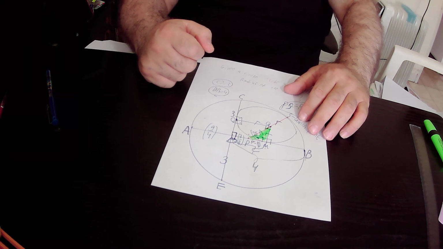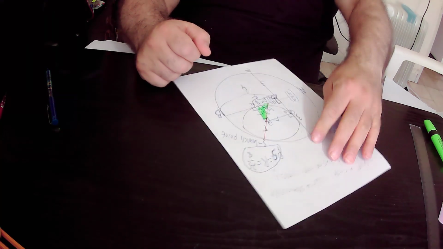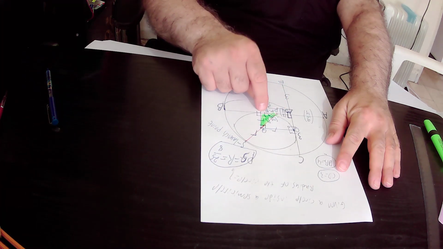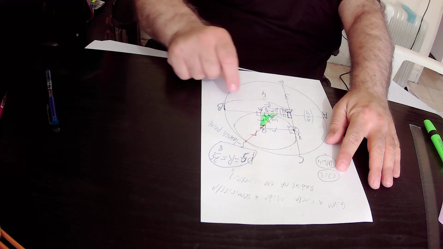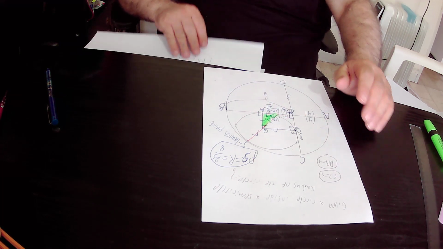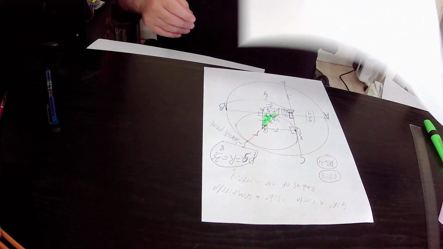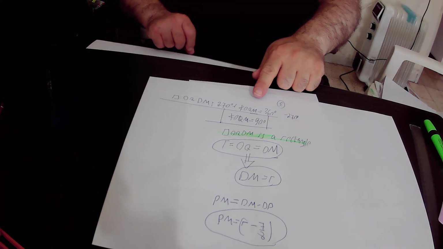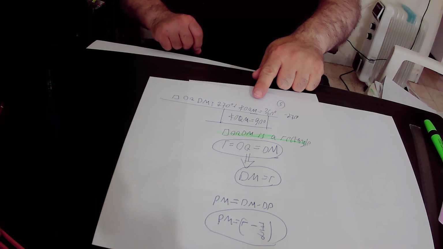Okay, so if we focus on quadrilateral OQDM, we have 1, 2, 3 right angles. In quadrilateral OQDM, we have 3 right angles. The sum of 3 right angles is 90 times 3, which is 270 degrees, plus the size of the fourth angle, that is angle OQM.